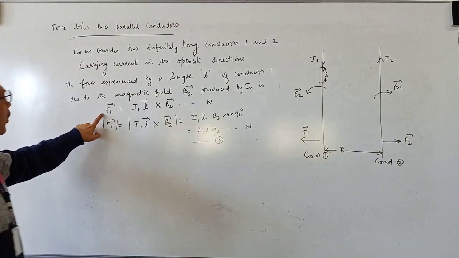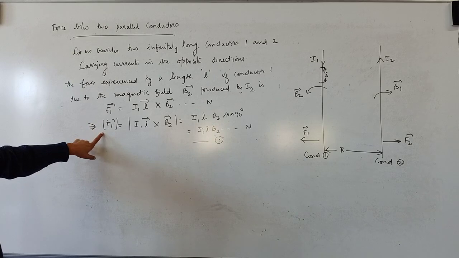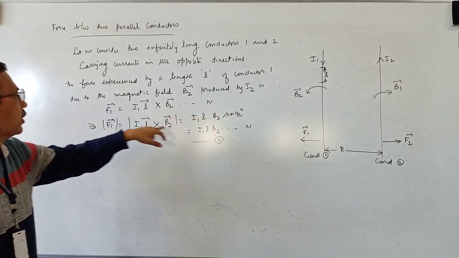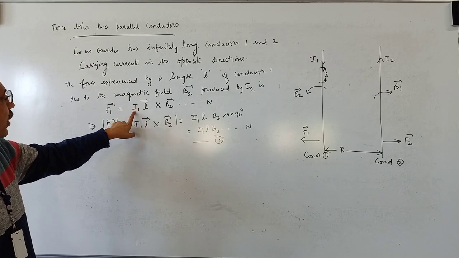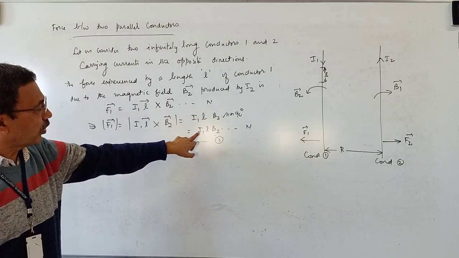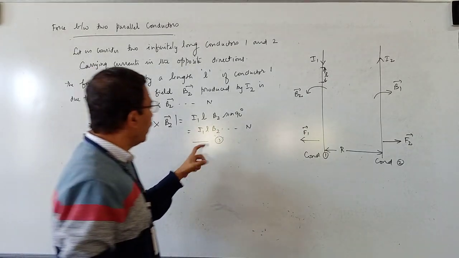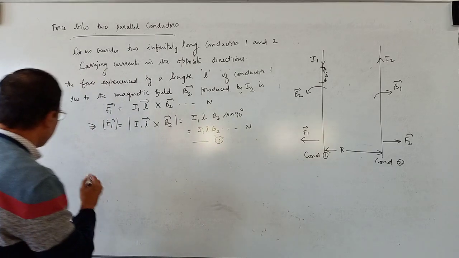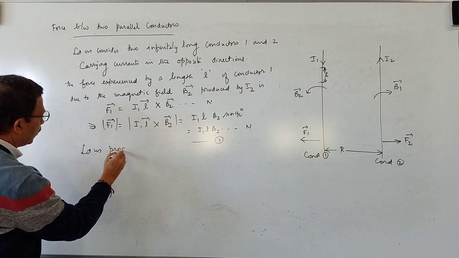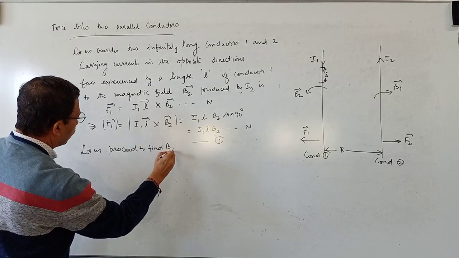This derivation I have done in the previous class. To take the magnitude of this vector, you need not take the unit vector. The angle between I1 vector L and vector B2 is 90 degrees. Therefore, you get the expression I1 L B2 newtons. Next step is to find B2.